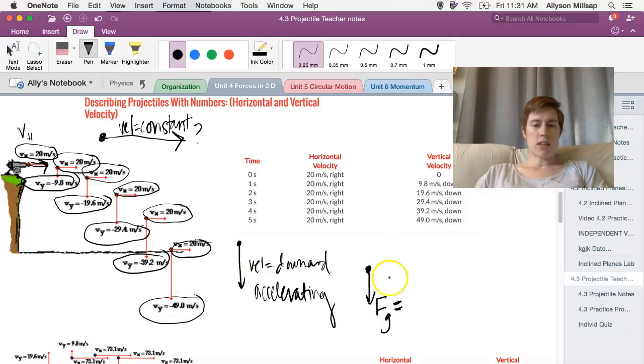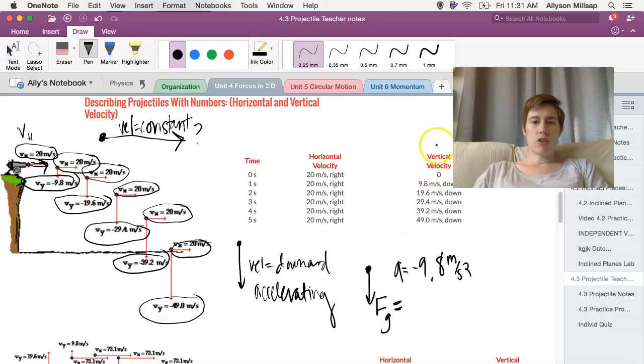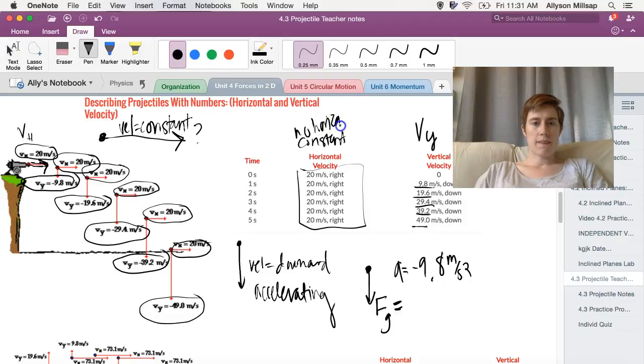We don't know the mass of the object, so we don't actually know the force, but we do know the acceleration. The acceleration of the object downward is negative 9.8 meters per second squared. So see how the vertical velocity, that's the Vy, is increasing by 9.8 meters every single second. But the horizontal velocity is constant because there's no horizontal force.